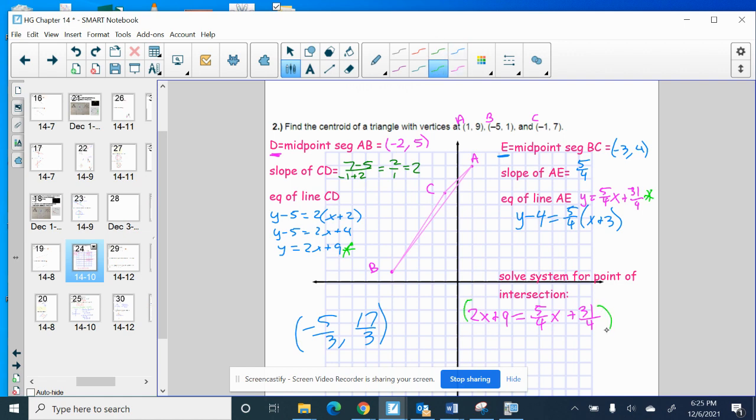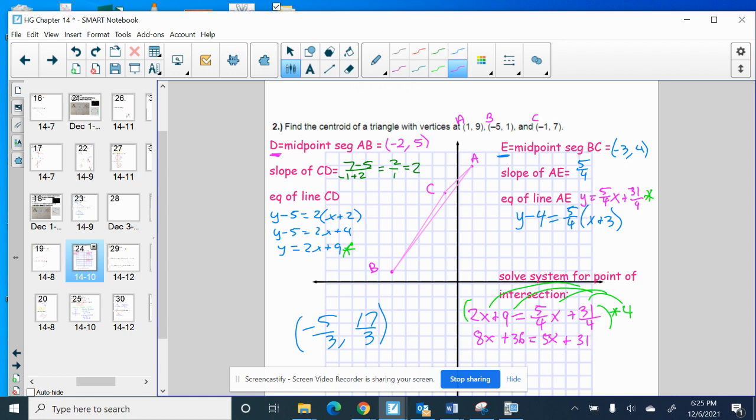So because we have division by 4, we might choose to clear the fractions by multiplying everything through by 4. And then we get 8x plus 36 equals 5x plus 31.